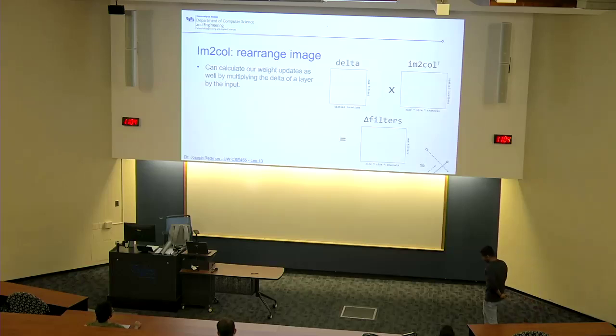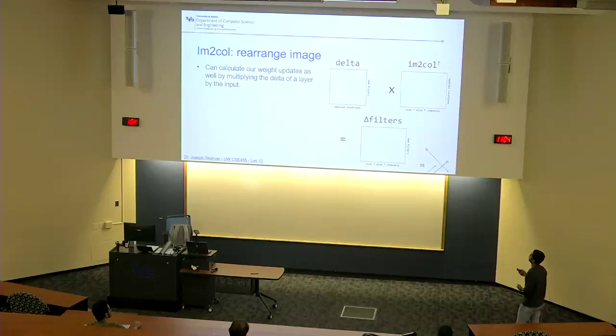The other cool thing that we can do using this is also take care of our weight update step, where we calculate the weights, you know, the difference between what was expected at your prediction step and what features you have, and you also have your input image.